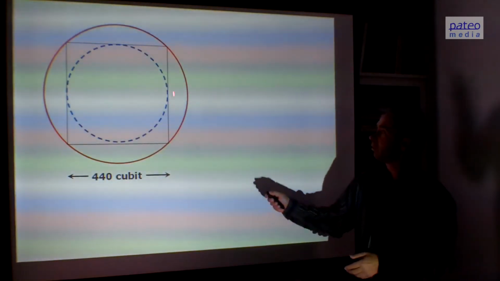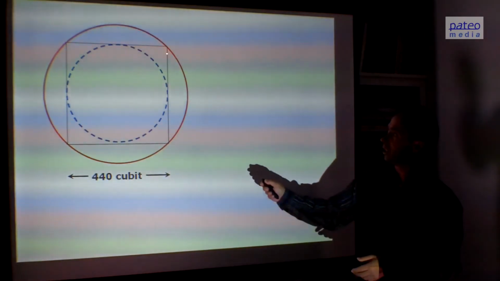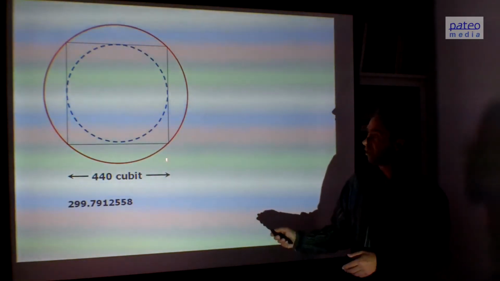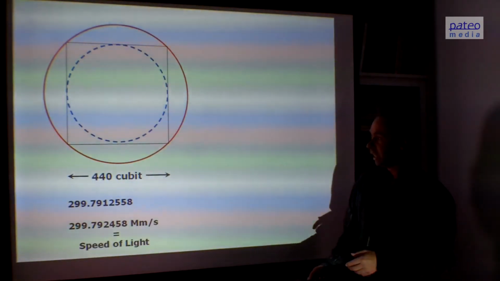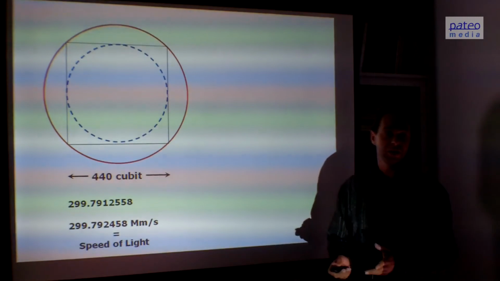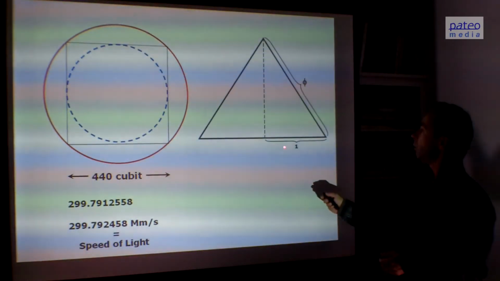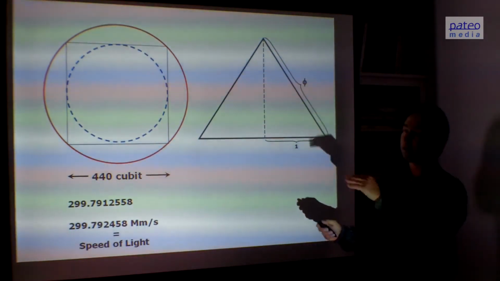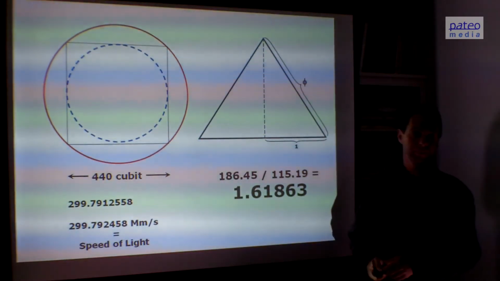When we take the base of the Great Pyramid and we draw a circle inside and we draw another circle outside, exactly hitting the 4 corners, then we find the difference in length between both circles, this number. That is nearly exactly the speed of light in megameters per second. When we take the half of the base and we take the length of the diagonal line, then we find phi, the golden mean.